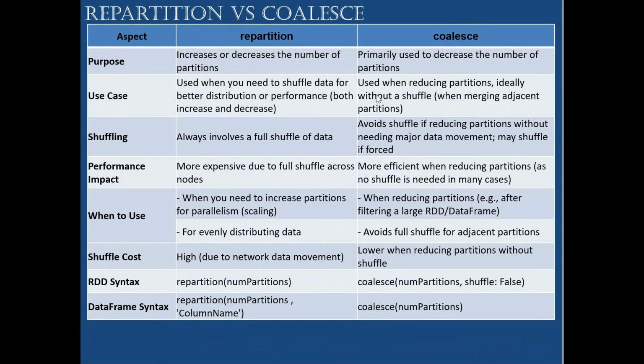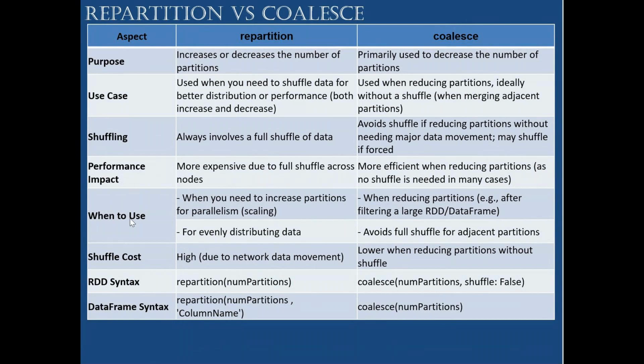Coalesce is used when reducing partitions, ideally without a shuffle, so mostly we go for Coalesce. Repartition always involves a full shuffle of data, whereas Coalesce avoids a full shuffle and does very minimal shuffling. Performance impact: repartition is more expensive due to the full shuffle, while Coalesce is more efficient when reducing partitions as there is very minimal shuffling of the data.